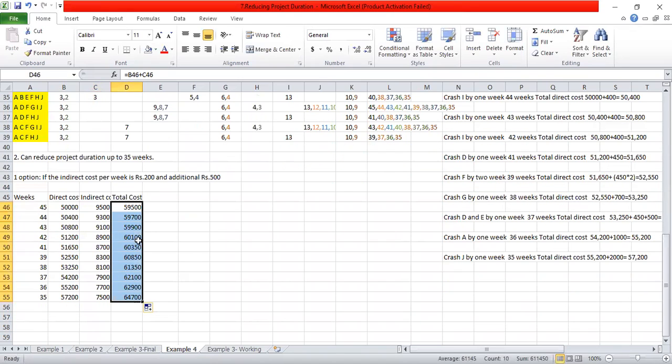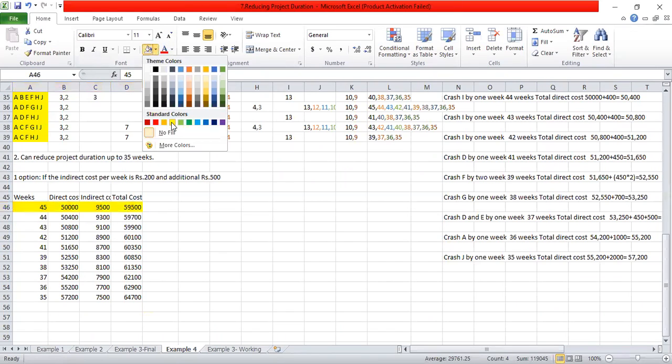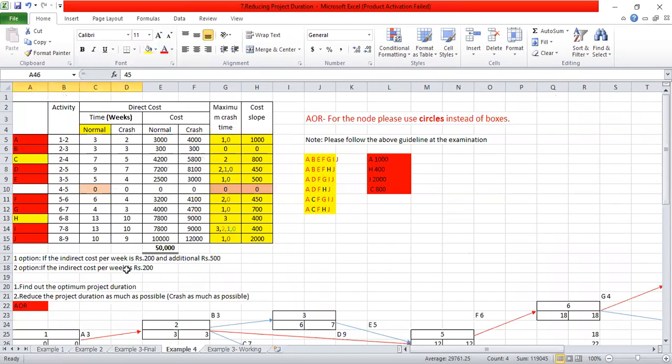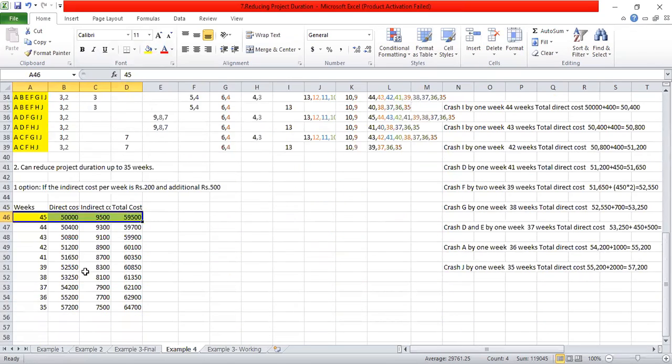So for the first option, if I look at these values, which has the minimum cost? The minimum cost is this, right? So for option 1, what is the optimum project duration?